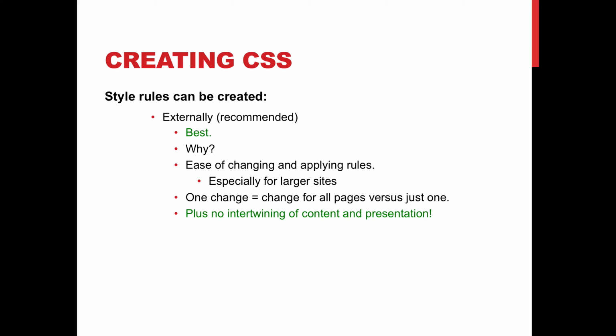Well, now you have to open up all 55 pages and change in every page that style tag. That would really, really stink. Whereas if you do this with an external sheet, you have one .css file that you need to go open, you make the change, your entire site looks different. That's really, really great. I compare it to using themes in PowerPoint or WordPress, where you just push a button and your whole site looks different.